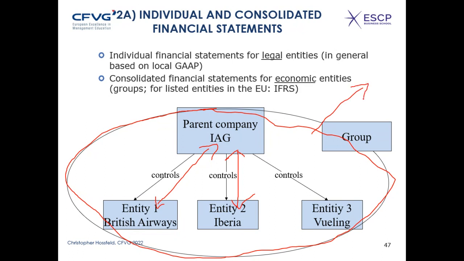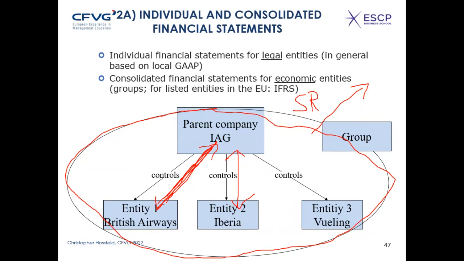So that means a consolidated sales revenue is a sales revenue that I generate with a client that is outside of the group. That's a sales revenue. There can be no sales revenue between two group companies. Does not exist because it's not really a sale. So therefore, consolidated sales revenue means outside clients.